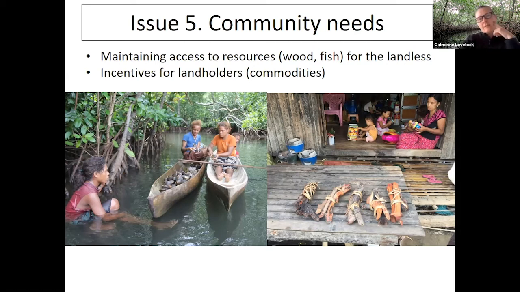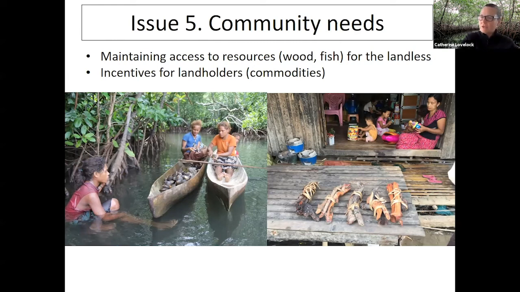But in more developed nations, it's about providing the right kind of incentives to consider restoring land that might be under cultivation for some kind of commodity, whether it's sugarcane or aquaculture production, right?